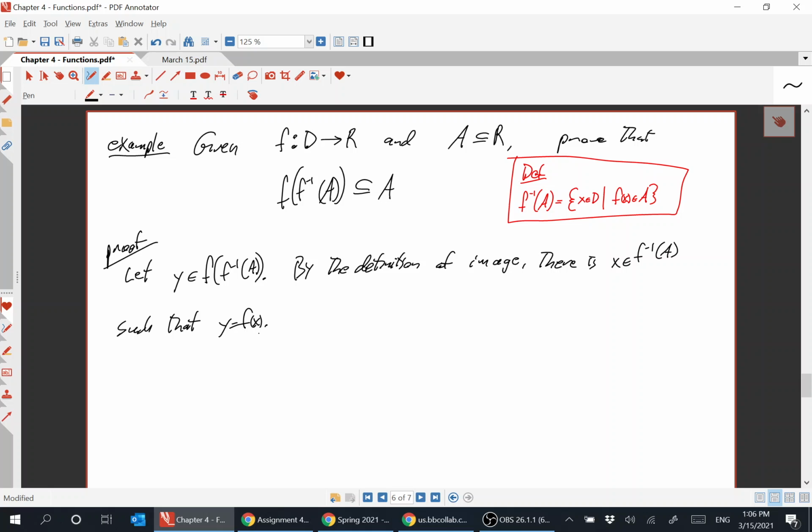Right, because x is in the preimage of A, what must be the case?